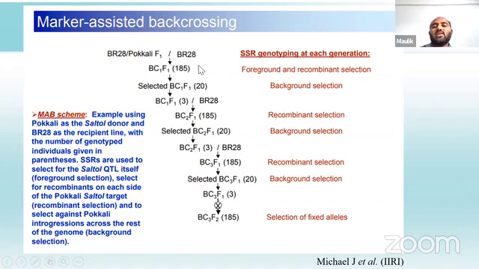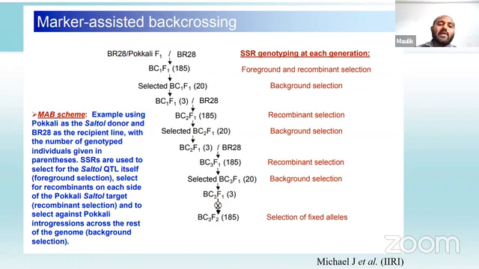We require the BR28 variety with salinity tolerance. So how do we increase genome recovery? By using foreground and background selection: foreground selection for salinity tolerance, and background selection for the genes present in BR28. At the end of this program, we get BR28 the same as normal BR28, but additionally salinity tolerant.